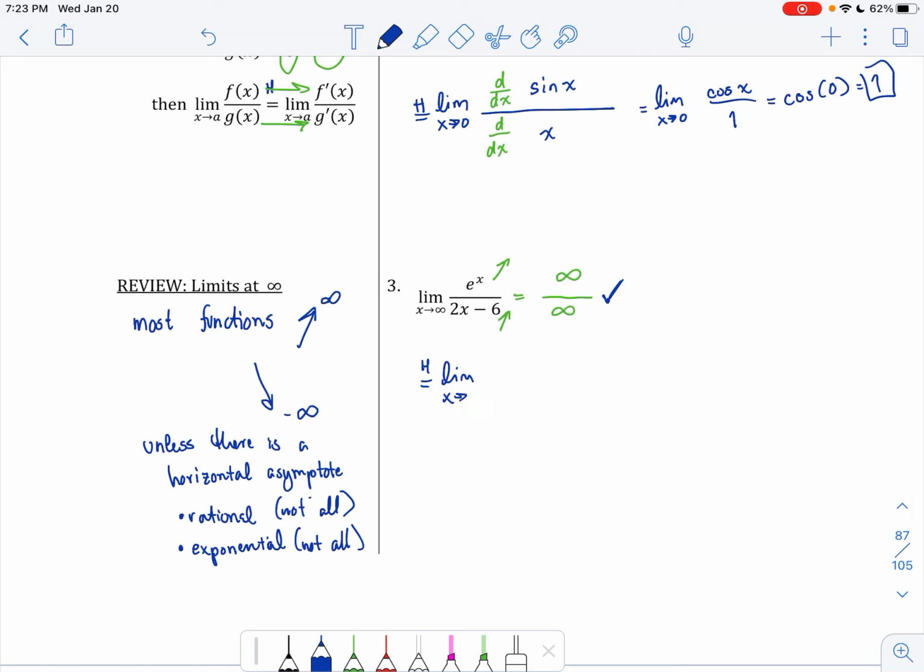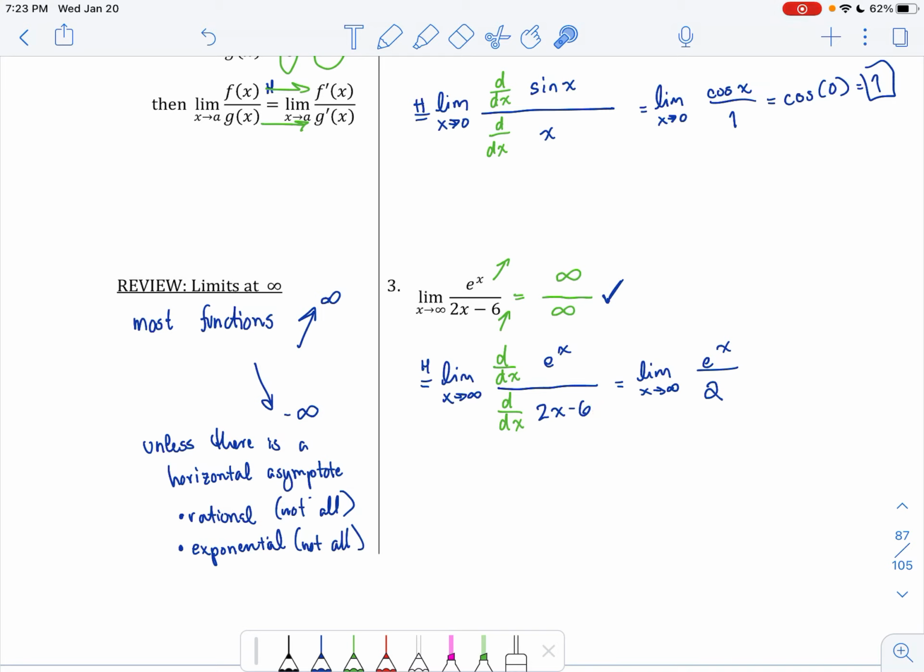So the limit as x approaches infinity, we keep that the same, of the derivative of each part. Again, we're not using the quotient rule, it's just the derivative of each part, e to the x and 2x minus 6, is equal to the derivative of e to the x, as you recall, is just e to the x over 2.